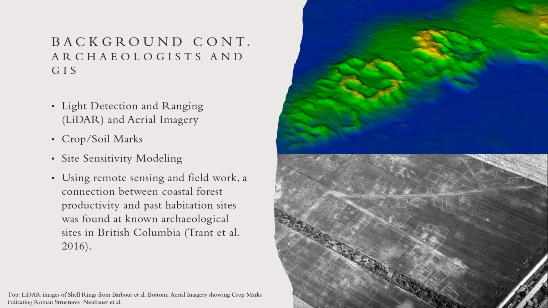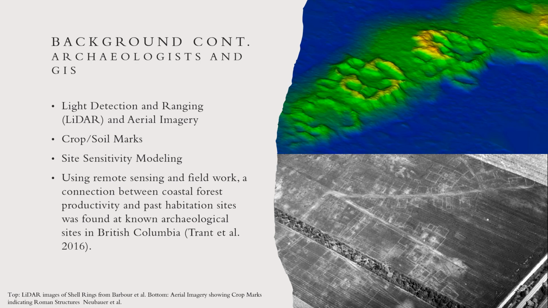That is not to say that archaeologists have not been using remote sensing methods to try to locate sites. Some of the things that they do use are light detection and ranging, or LiDAR, which uses laser light reflectance to have points come back to get very high definition elevation, which is what you're seeing on the upper right side here, showing shell rings in an area.